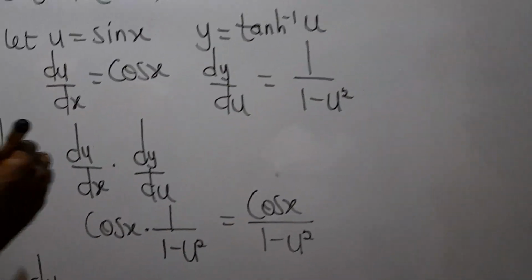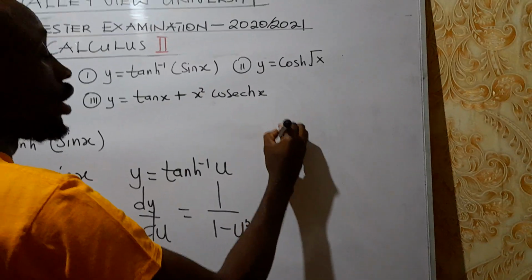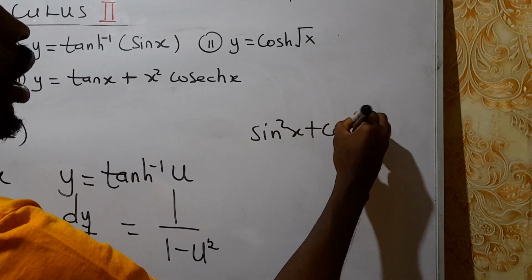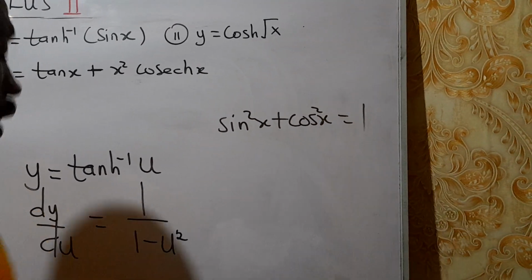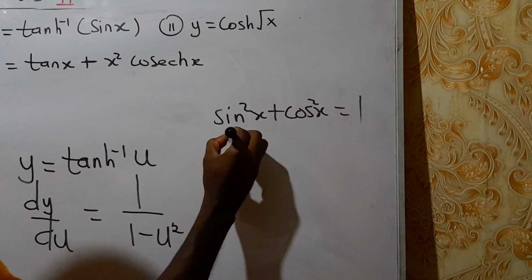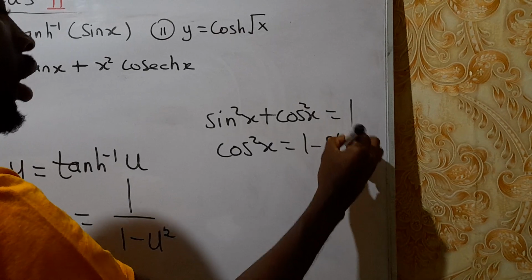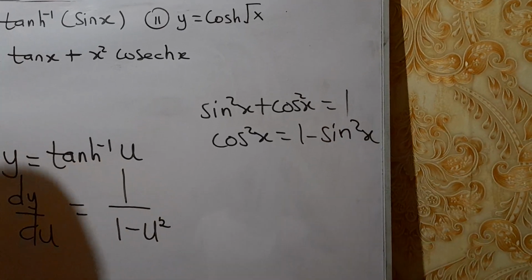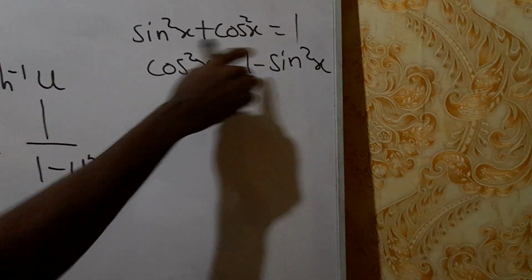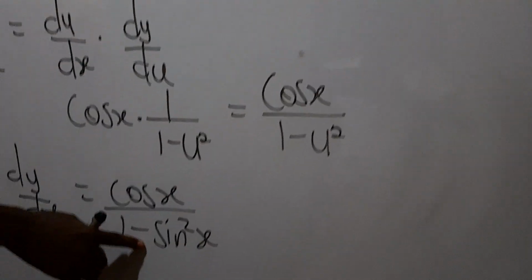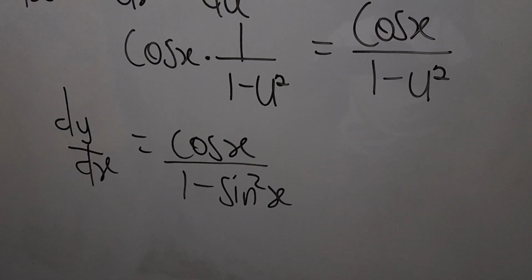Remember that sin square x plus cos square x is equal to 1. So we can say cos square x is equal to 1 minus sin square x. So in place of 1 minus sin square x, we can substitute cos square x.